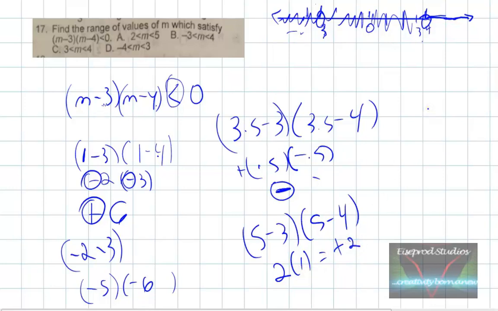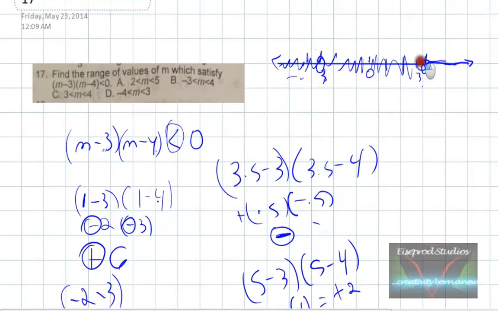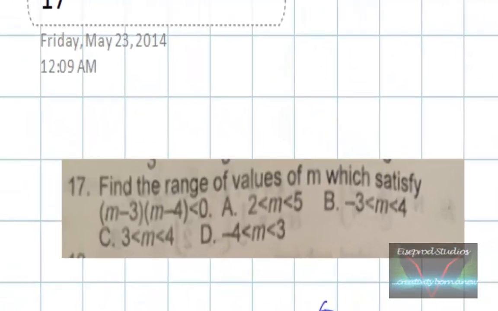That is not less than 0. So once you're above 4, it doesn't work anymore. The only numbers it's going to work for are the numbers between 3 and 4. That means you want m to be less than 4 but greater than 3. That would be your answer right there.